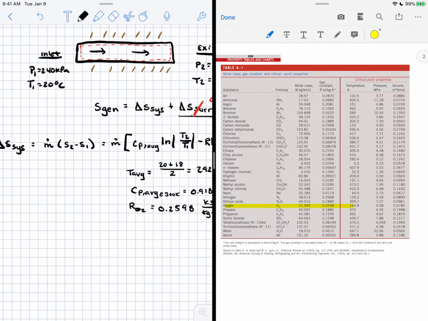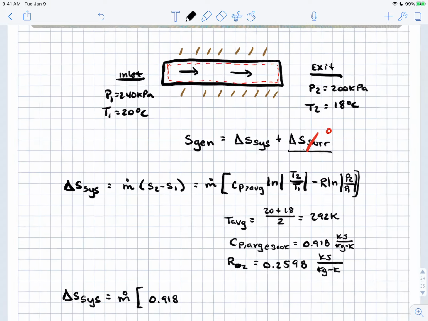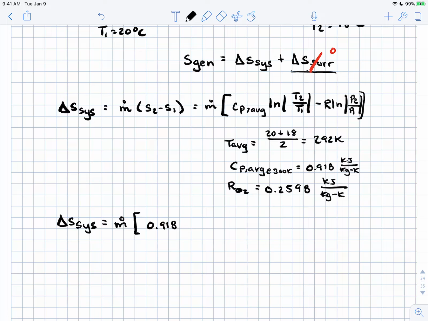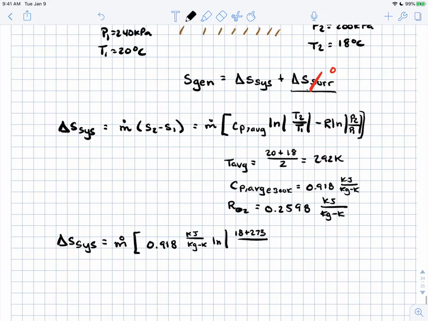Okay. So let's plug these into our equation. We have mass flow rate times Cp average, 0.918 kilojoules per kilogram K, times ln of T2, so 18 plus 273, divided by T1.